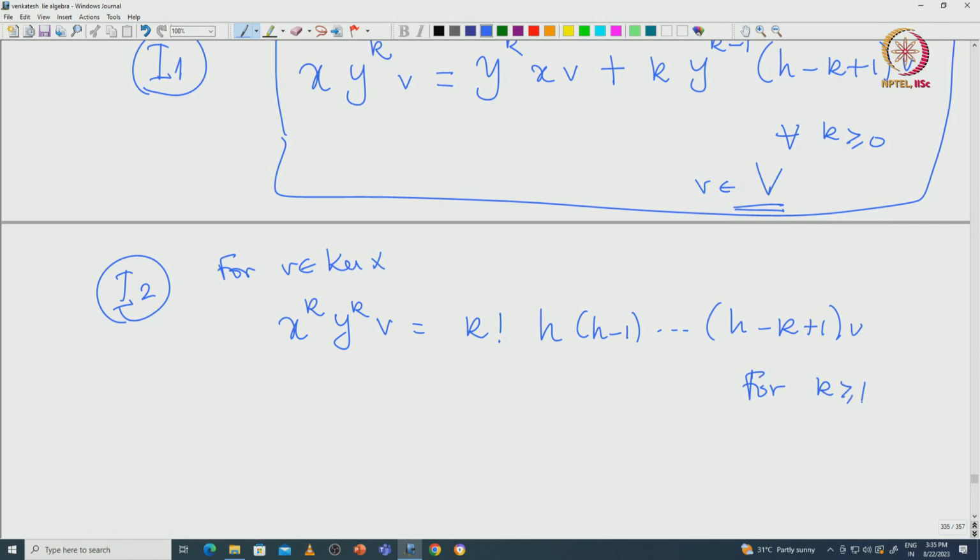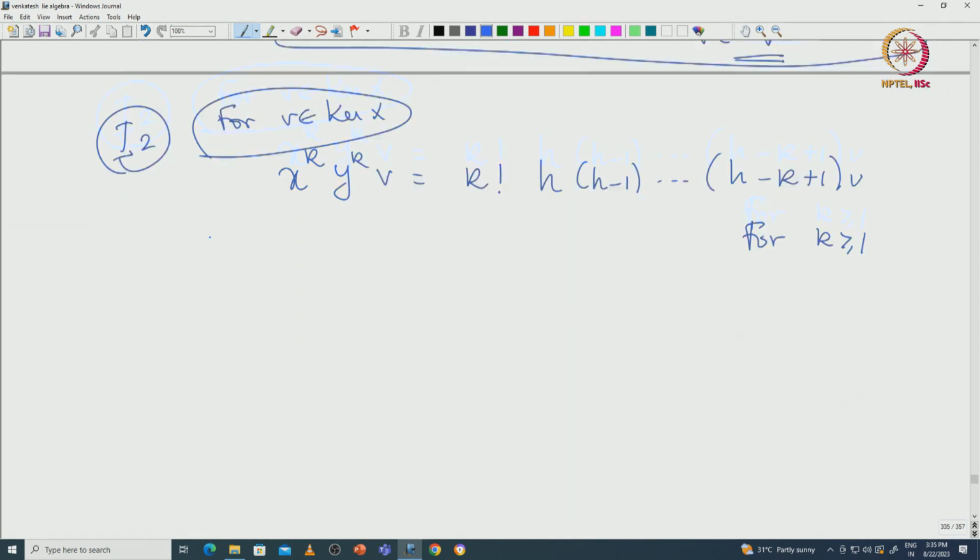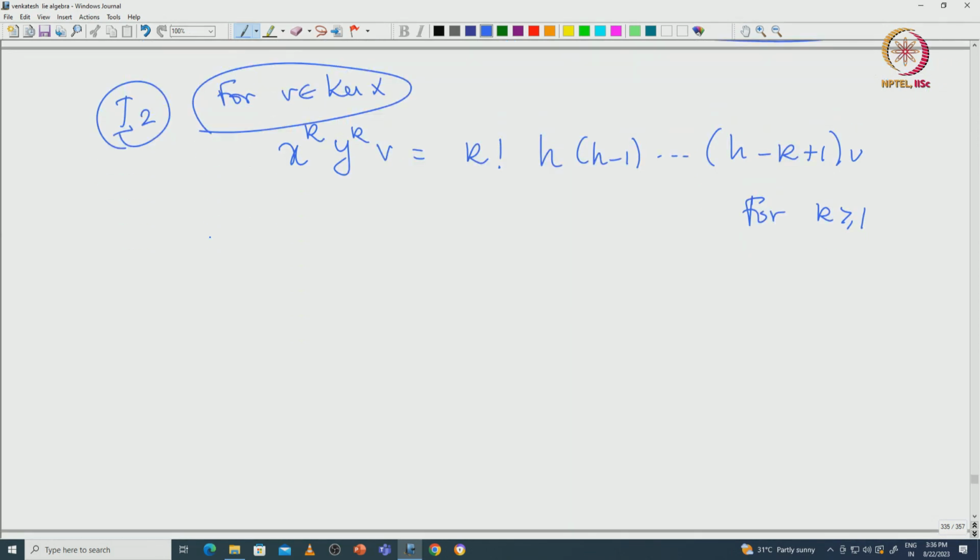This is always true only for elements in kernel x. Now, we claim that this identity 2 immediately implies h must be diagonalizable on this kernel x. Why? You take y.